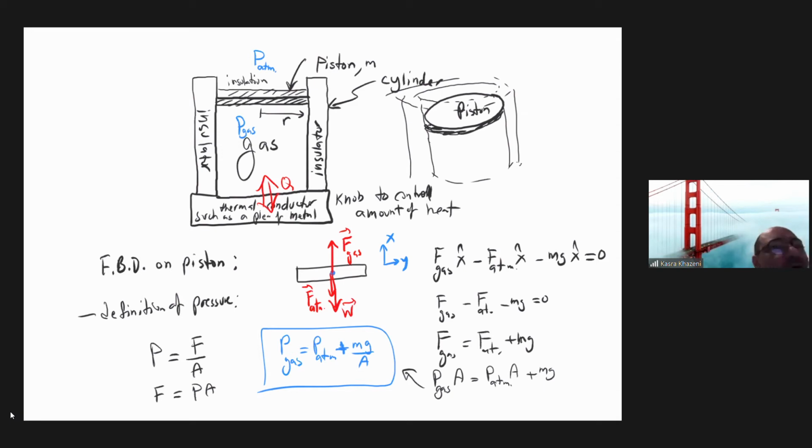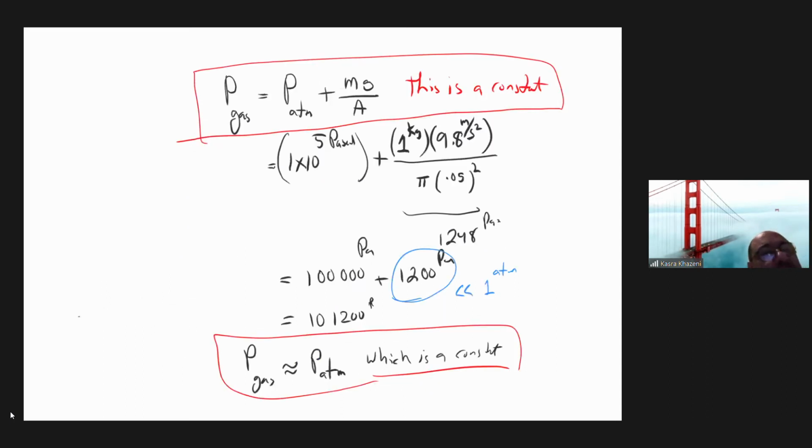Well, how? I mean, you have that piston on top of it. Obviously, the pressure is larger, but not by much. You can see it's pretty close. Even when you put a 1 kilogram piston, which is pretty heavy, it's 2 pounds, that pressure in the gas is not much different from it. But no matter what, the pressure of the gas is constant. If the piston is allowed to move up and down, it is a constant.